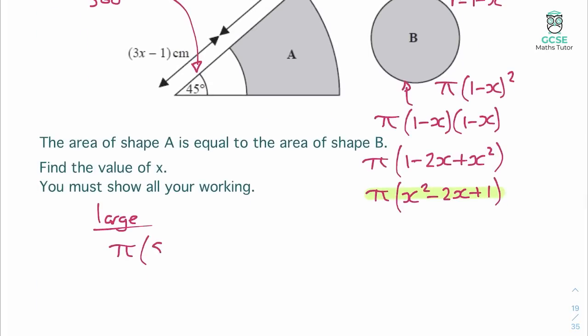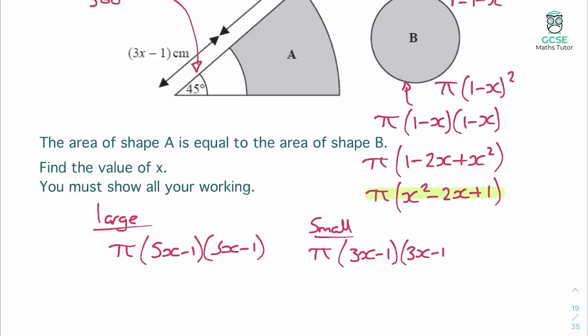In fact I'm going to write that straight away as a double bracket rather than squared, so (5x minus 1)(5x minus 1). And for the smaller area, let's write that over here, we have pi multiplied by 3x minus 1 squared, pi r squared. So I'm just going to write that as (3x minus 1)(3x minus 1) in a double bracket straight away.